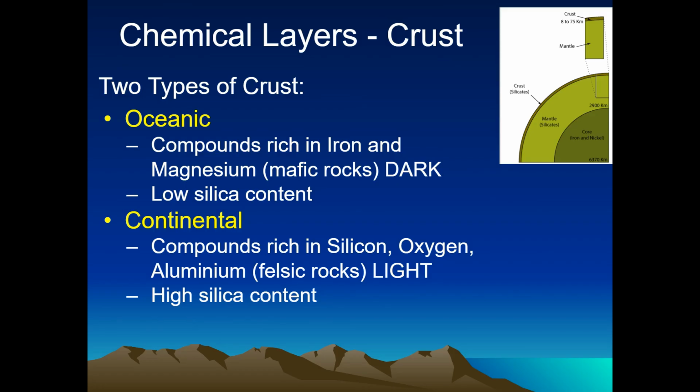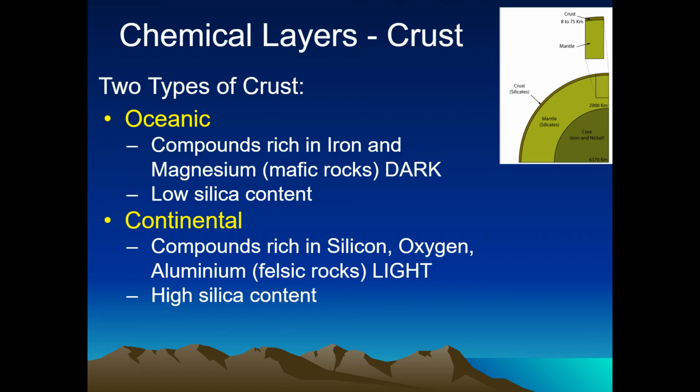Felsic are lighter colored rocks, and I think I'm correct on this, but you can fact check me, felsic stands for feldspar and silica, which are very common minerals that we find in continental types of crust. And these are typically lighter in color, pinks and whites, those kinds of colors. So continental crust has a high silica content.